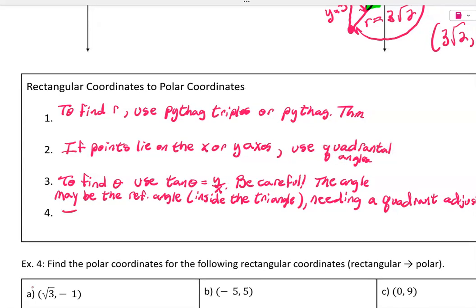One last thing. Sometimes you'll be asked for additional coordinates. So to find a coterminal negative angle, subtract 2 pi.